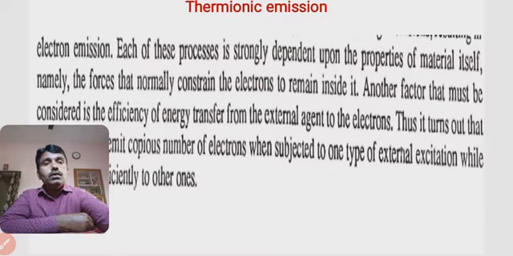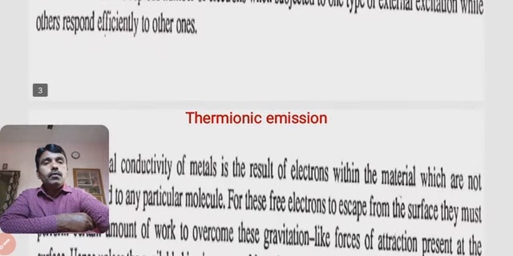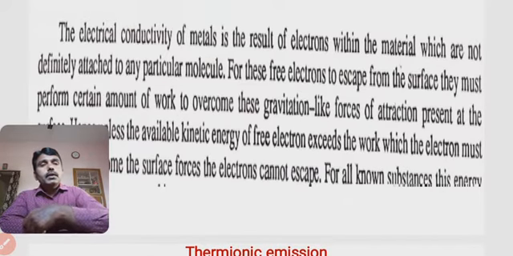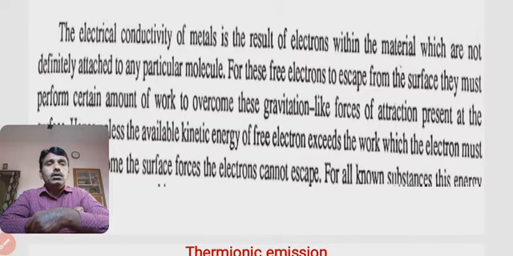Now, for this escape of the electron, we have seen that the electrical conductivity of the metal is the result of electrons within the material which are not definitely attached to any particular molecule. For these free electrons to escape from the surface, they must perform an amount of work to overcome the attractive forces, and they require sufficient kinetic energy.